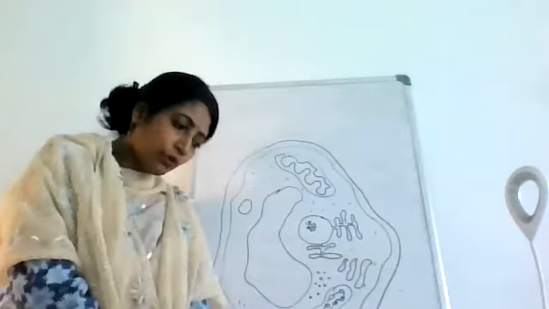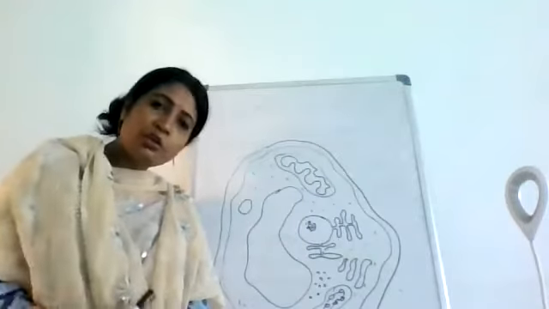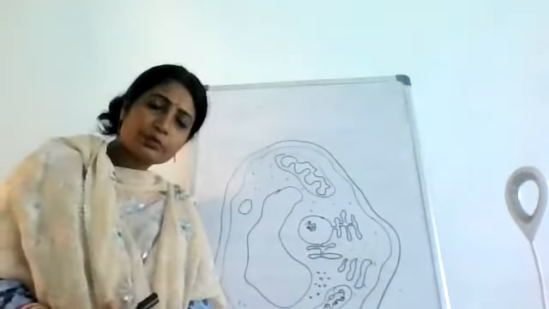Nucleoid. The nucleoid क्या है? Undefined nuclear region containing nucleic acid. Such organisms whose cells lack a nuclear membrane are called prokaryotic cells, या prokaryotes कहते हैं उसको.